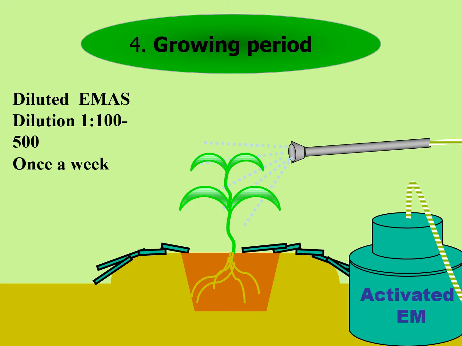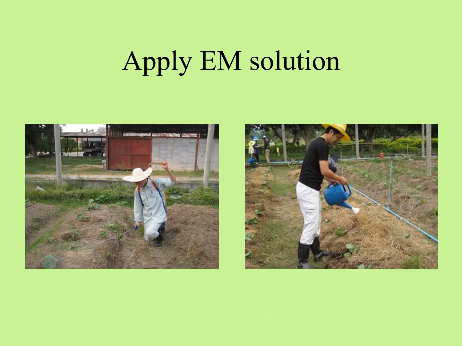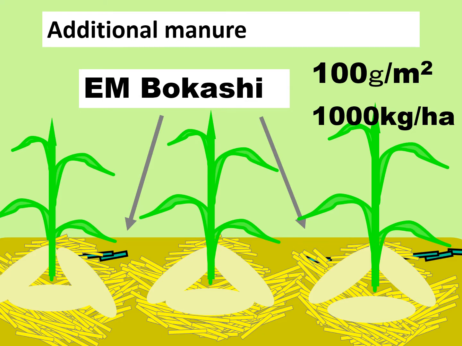Growing period, diluted EMAS, dilute 1 to 100 to 500 once a week. Apply EM solution during the vegetation period. Additional menu: EM Bokashi 100 grams per square meter or 1 ton per hectare.